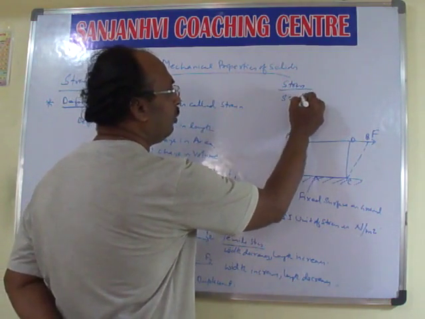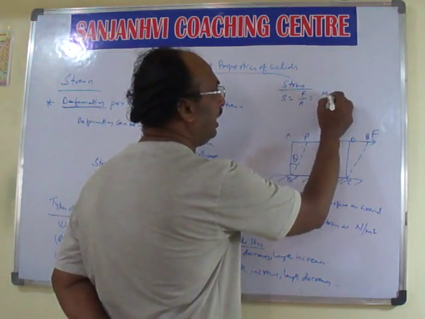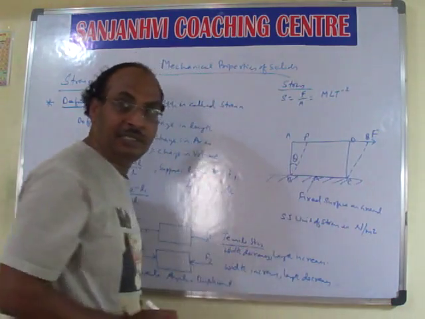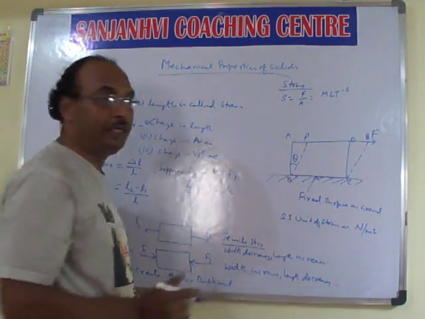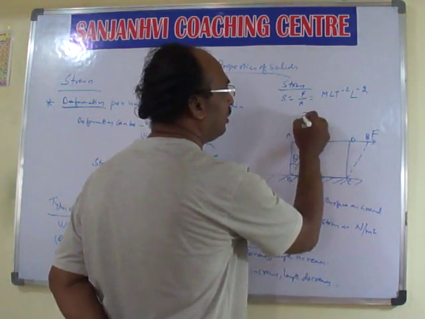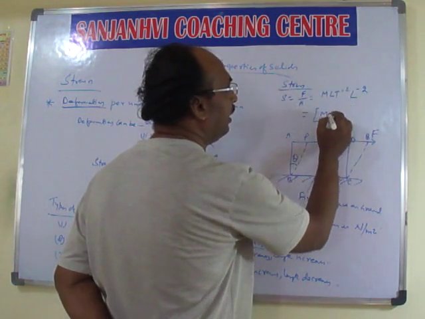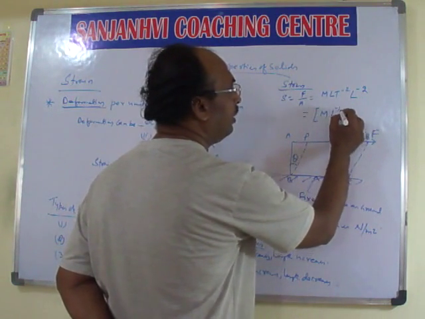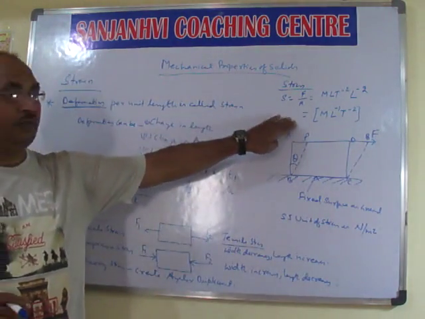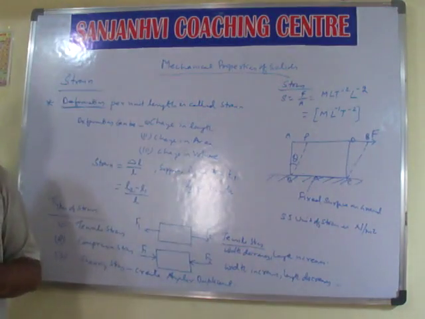Stress is equal to force by area, and force has M L T minus 2. Area is length square, so it will be length minus 2. So the dimensional formula will be M L minus 1 T minus 2. So the SI unit of stress is Newton per meter square.